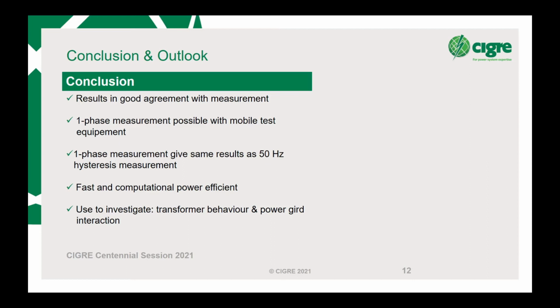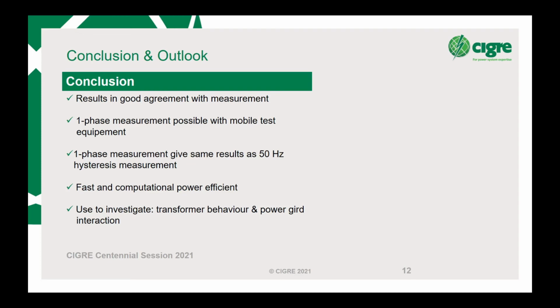And in general, the 1-phase measurement gives the same result as the 50 Hertz hysteresis measurement. The model is very fast in computation and power efficient, so therefore it's faster and more convenient to use than an FEM model, at least for our case.